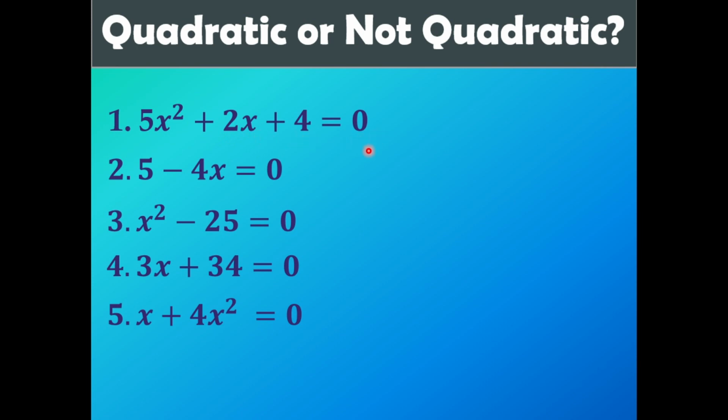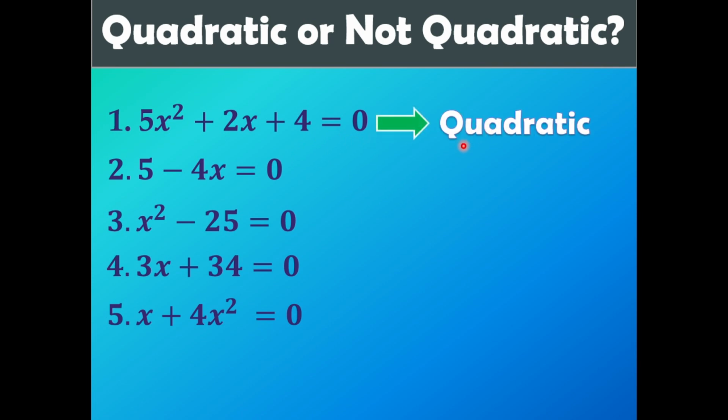We all know that a linear equation is of degree 1 and a quadratic equation is of degree 2. Looking at the variable, the highest exponent of x is 2 because in the first term the exponent of x is 2, while in the second term it is only 1. So this is an example of a quadratic equation.